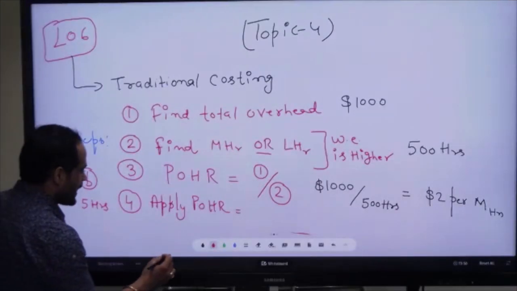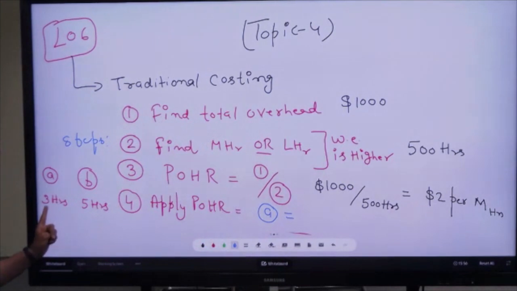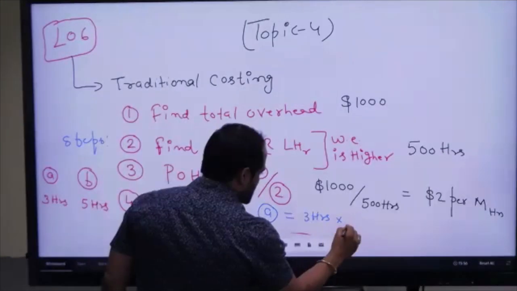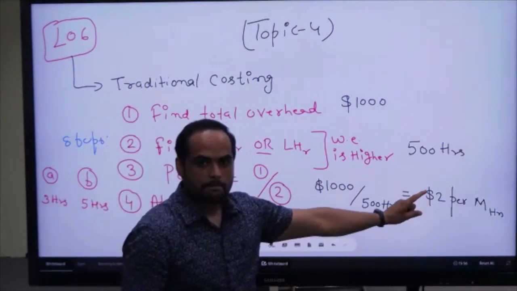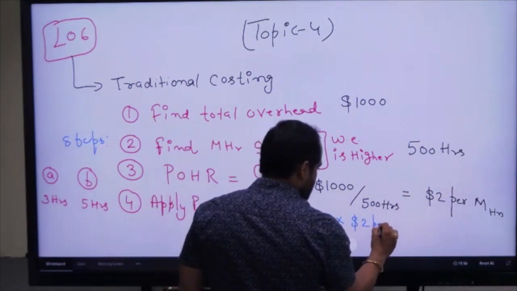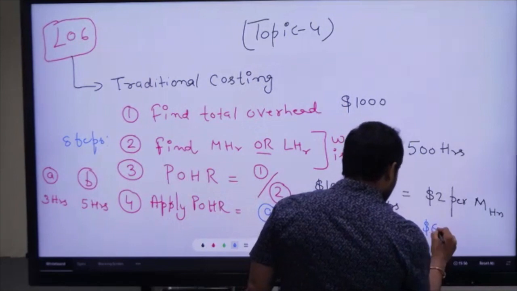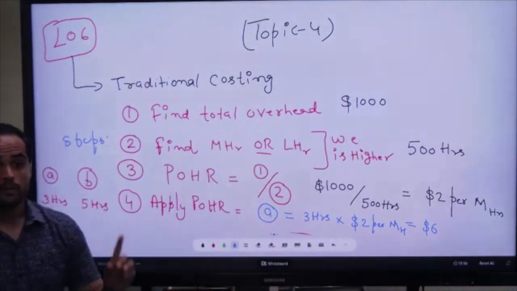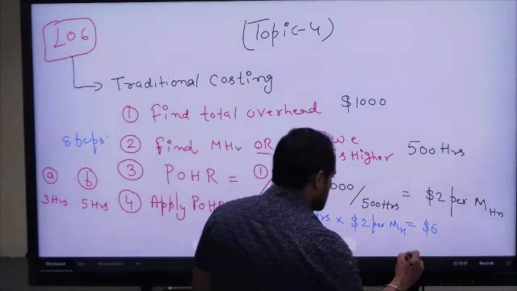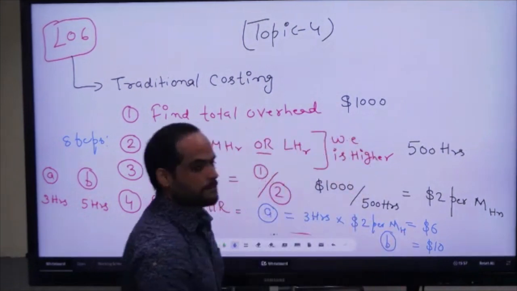So for product A, the machine runs 3 hours, multiplied by $2 per machine hour. So it will be $6 overhead cost for product A, and 5 multiplied by 2, which is $10 for product B. All right.